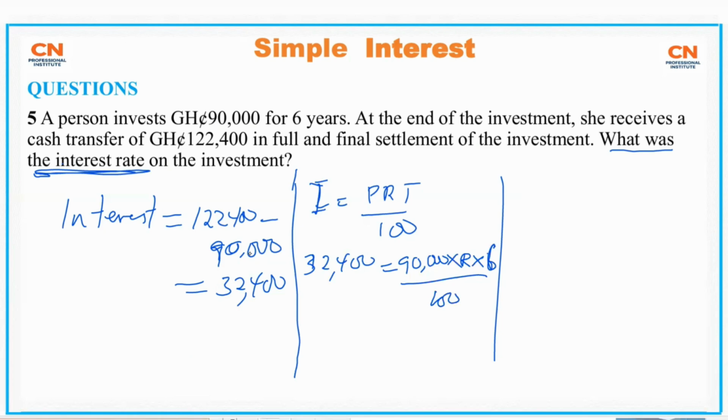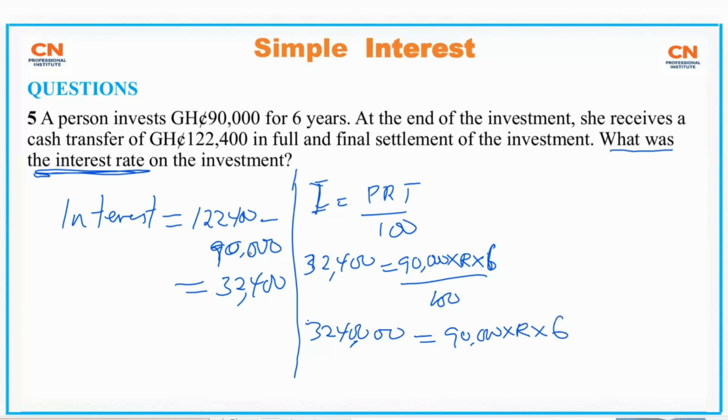So if I do cross multiplication, then 32,400 by 100 will give me 3,240,000, which is equal to 90,000 times R times 6.